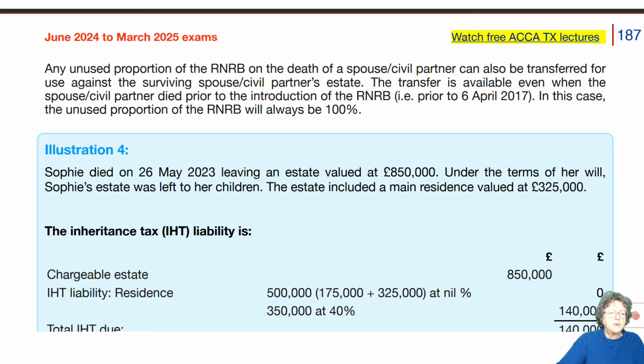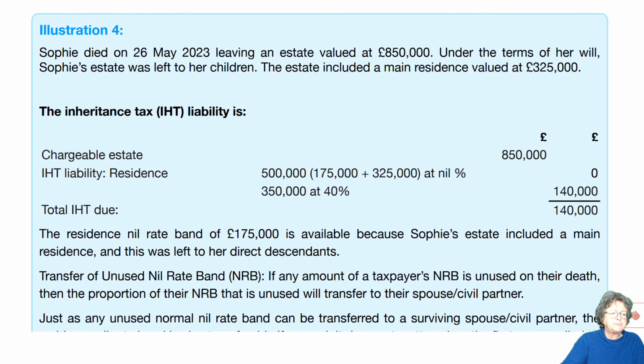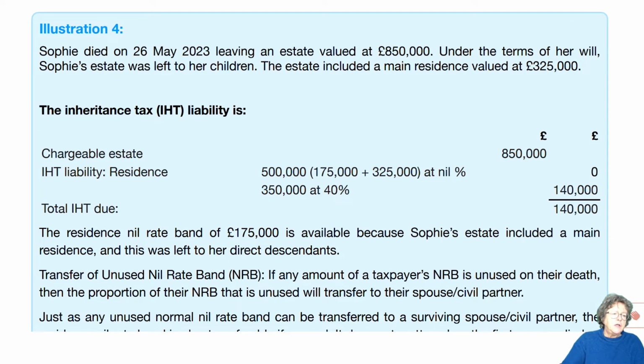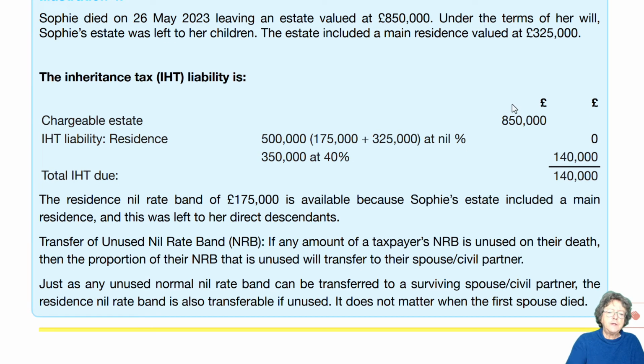Illustration just to show you how this works. Sophie died on the 26th of May, leaving an estate valued at 850,000. Under the terms of her will, she left all her estate to her children, and the estate includes a main residence of 325,000. So here is the estate valued at 850,000.